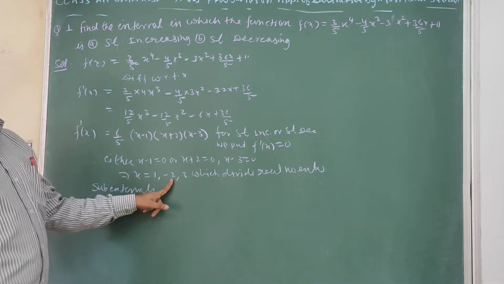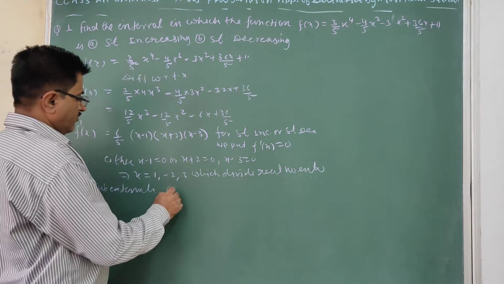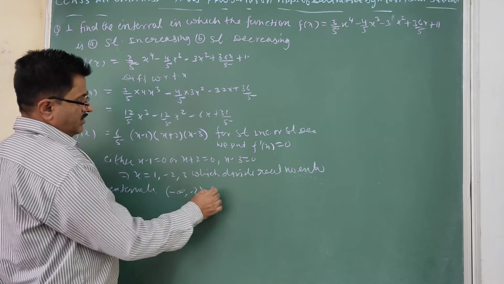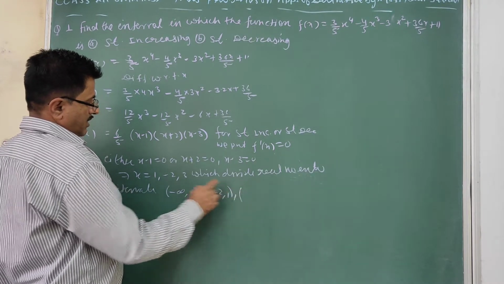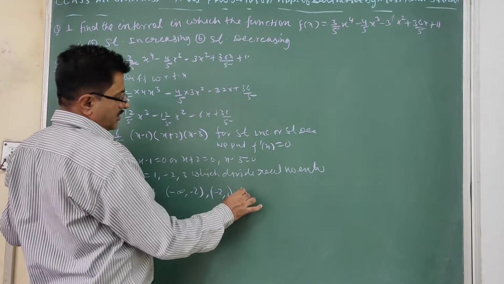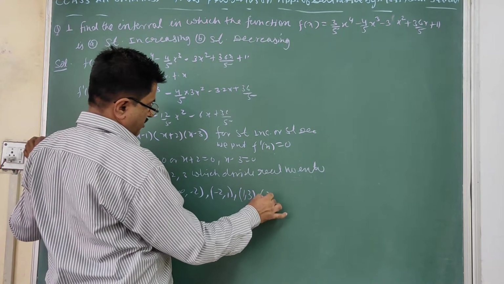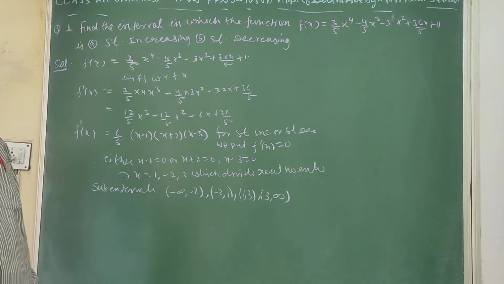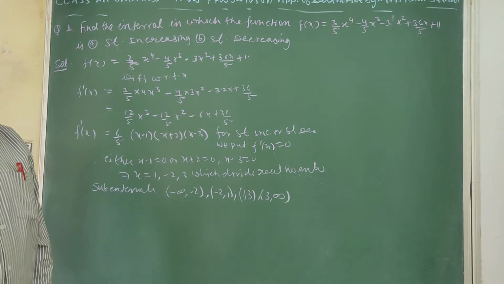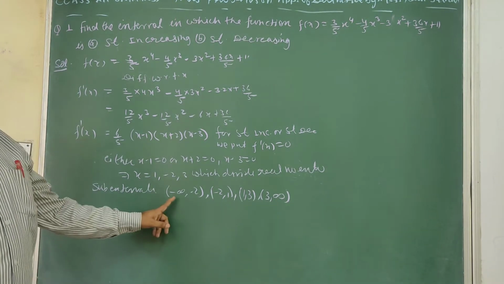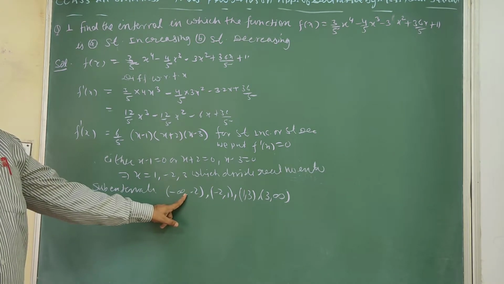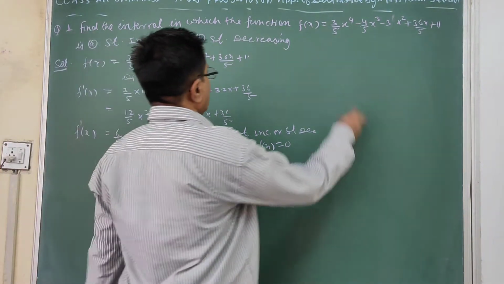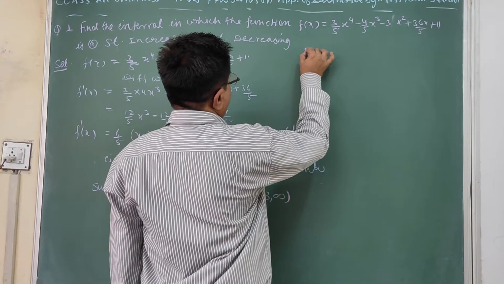From minus infinity to minus 2, the first interval, then minus 2 to 1, then 1 to 3, and then 3 to infinity. In this way we get 4 intervals. Now you have to check the sign of the derivative in each of the 4 intervals. Clear? So see here, we can draw the table.